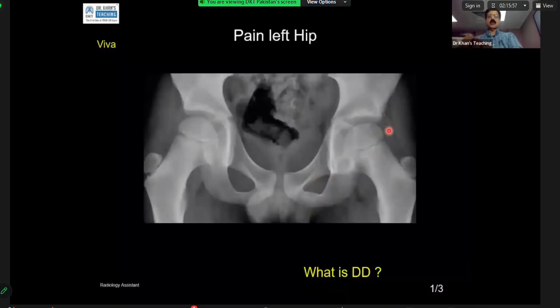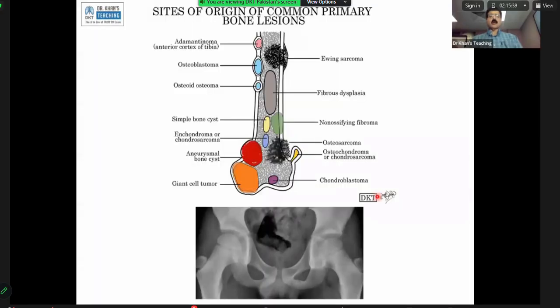So, this is another example. What we have seen in these cases is that in the exam, in a young age group, always look for these metaphyseal lesions, and the hip is a favorite, and for that you will ask for an ultrasound. What will you do? I'll do an ultrasound. It is an emergency.